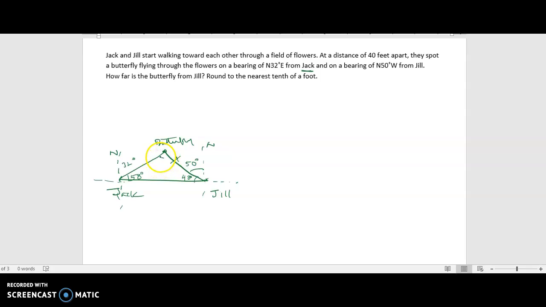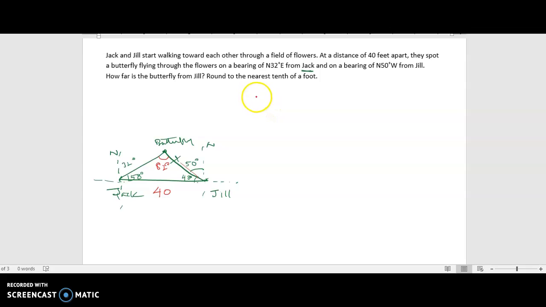This is then 180 minus the sum of these two angles, which happens to be 82 degrees. And the opposite side distance, we know, is 40 feet apart at the point where they spotted the butterfly. So now we have the angles ready. This is the unknown measure that we need to find.